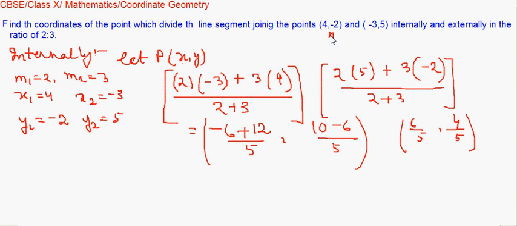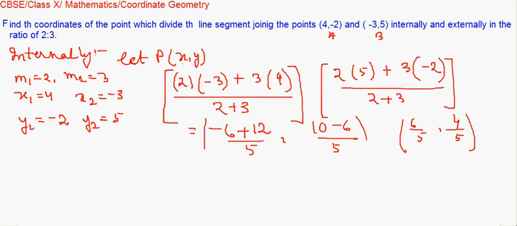Let this be A, and I didn't write it here for convenience. Now we take up to find the coordinate for P when it is dividing AB externally.